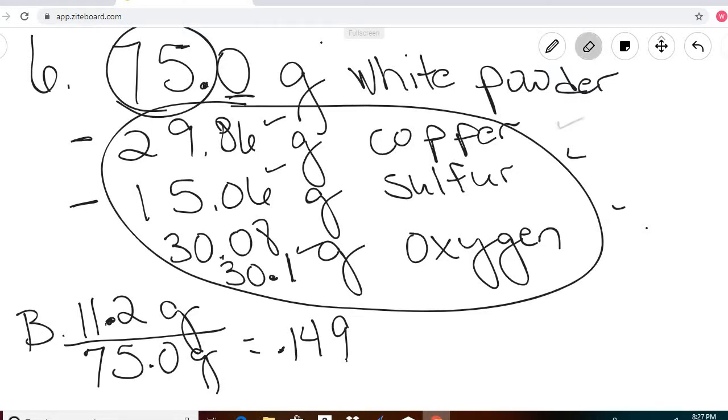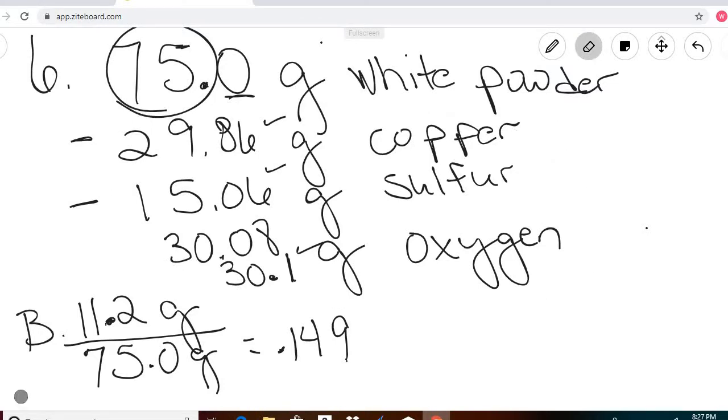Then for each of the 3 chemicals, we multiply the amount that we needed to make 75 grams by this multiplier, 0.149, to get the amount we'll need to make 11.2 grams. So we take 29.86 times 0.149. That's how much copper we will need.